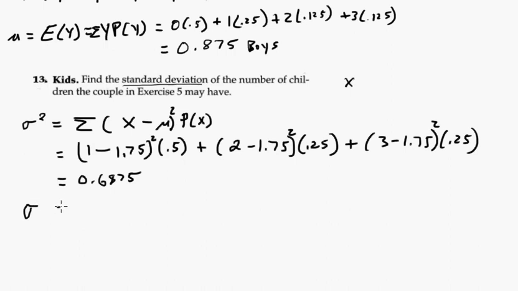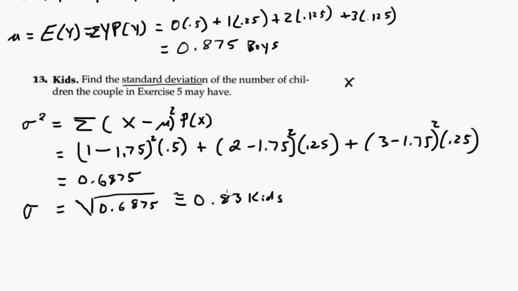So the standard deviation is the square root of this. And that comes out to be approximately 0.83 kids.